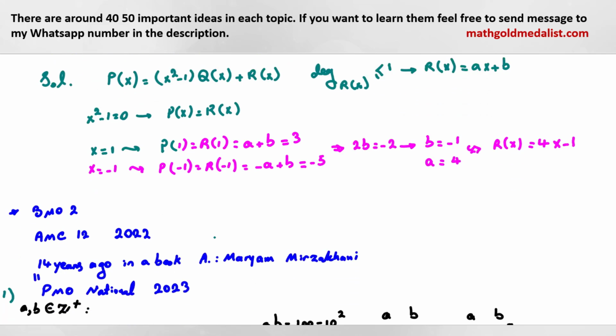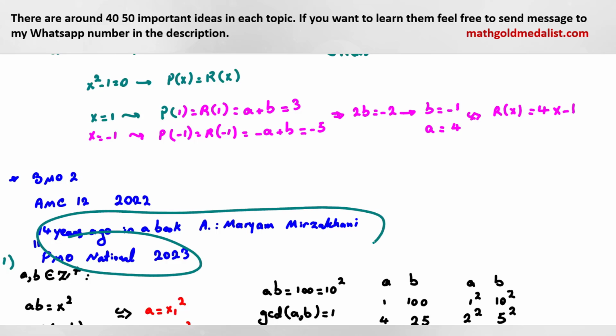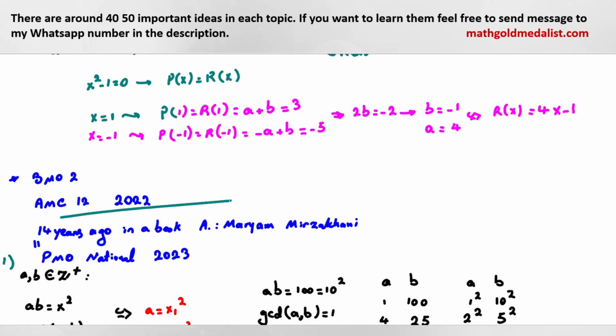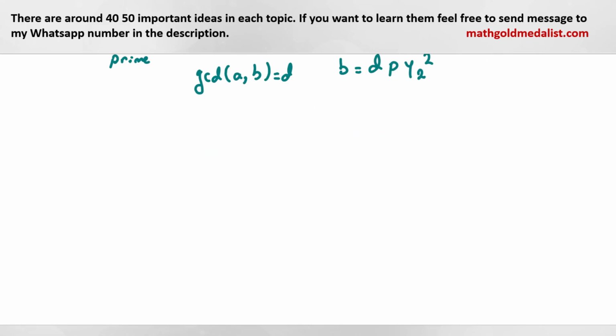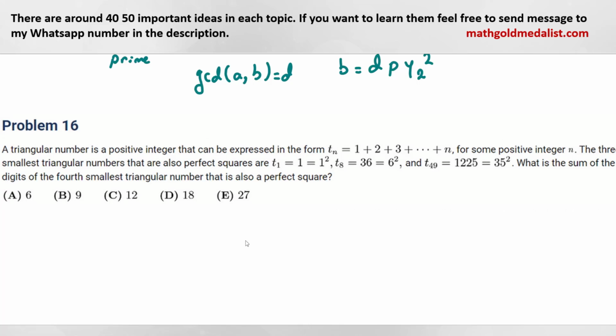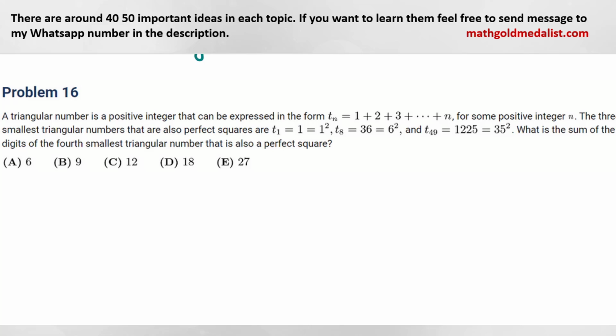Firstly, we'll be working on AMC, then BMO, then I will tell you again this problem. You can try this as homework. This one is so much harder, but these two problems are easier. So the problem of AMC is what? The problem of AMC 12 is this one. Try this problem first on your own, okay?